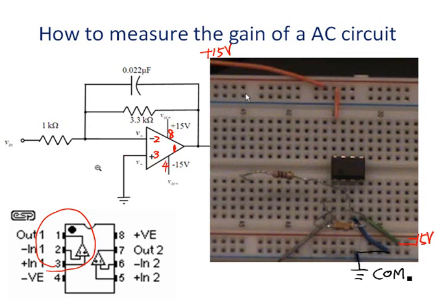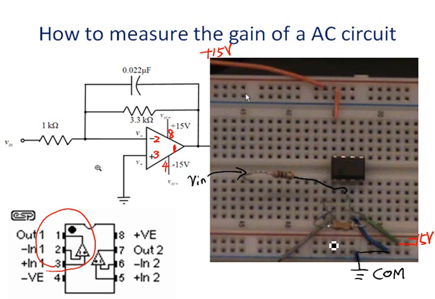These are the signal grounds. There's a 1 kilo ohm resistor between the input and pin 2. So the input signal should be sent here.